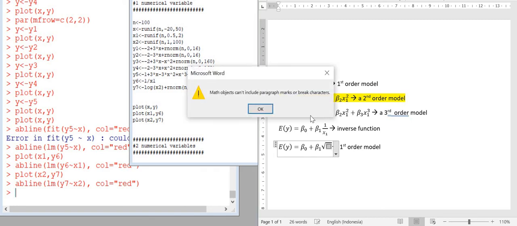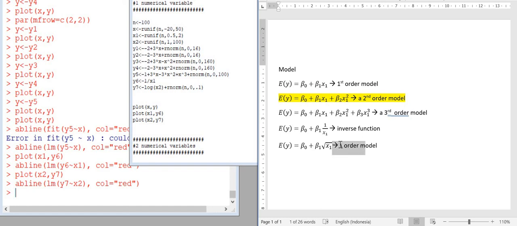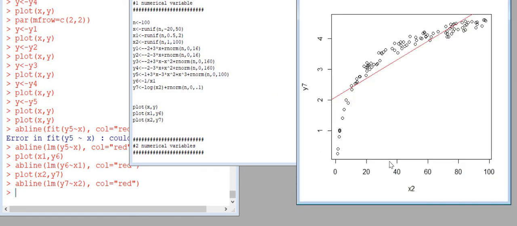The model that I will be proposing is the square root of x1. This is another transformation that seemingly can represent this kind of relationship.